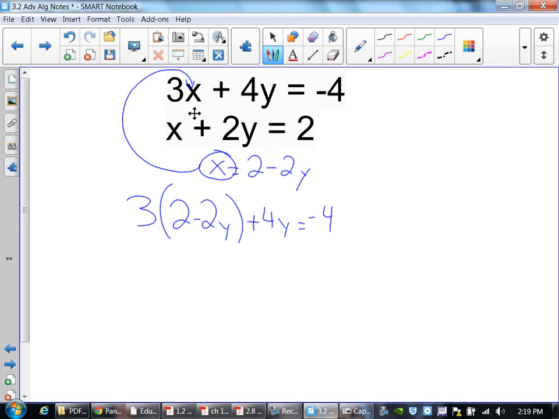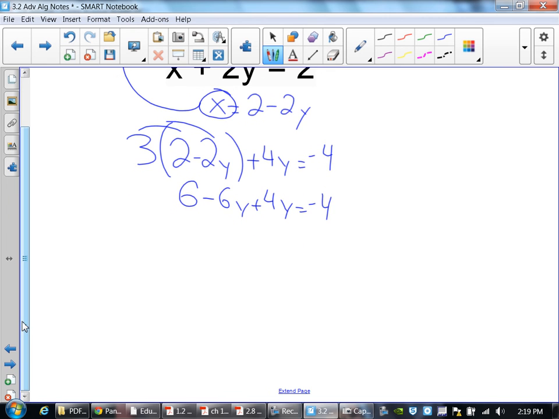Now what do you do? Solve for y, distribute. Yes. Distribute out. So 6 minus 6y plus 4y is negative 4. With any luck, you get 5.